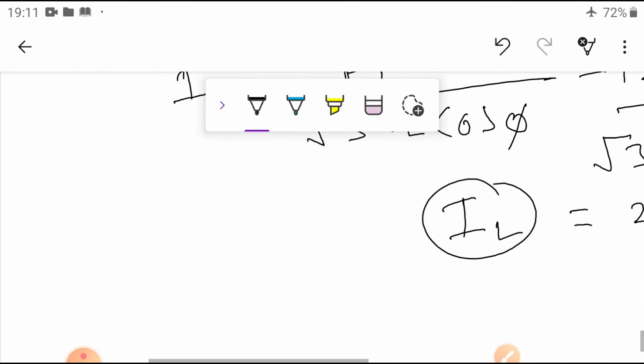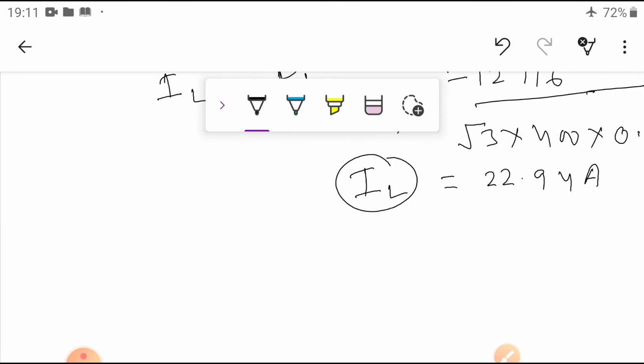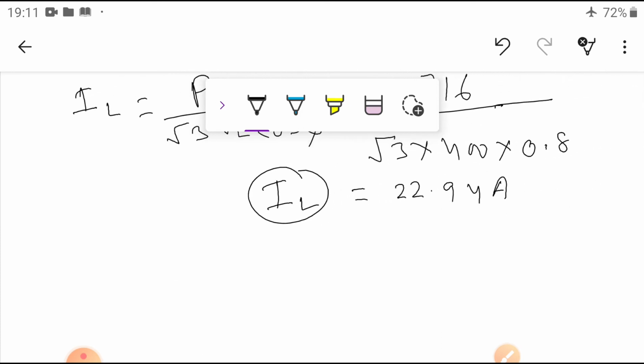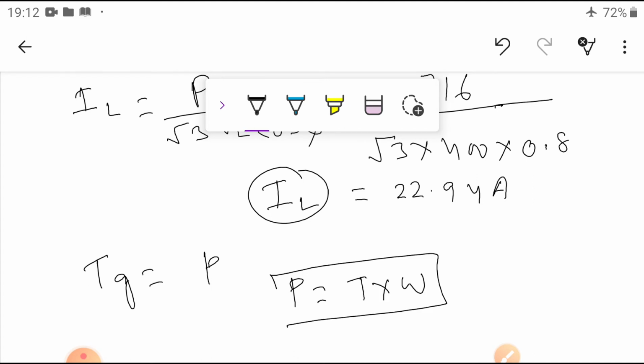Suppose we want to ask the torque, so TG, the gross torque, is what we are going to calculate. We know two formulas, TG can be calculated by two methods. What is that? The power is equal to the torque into omega. So I can write TG is equal to P by omega.